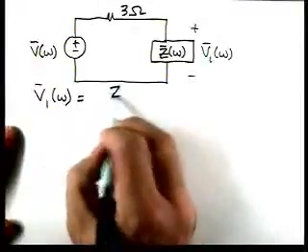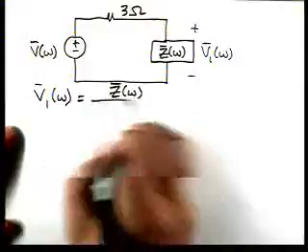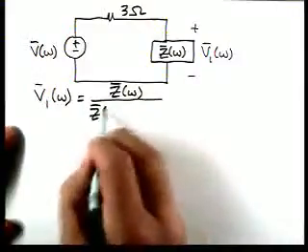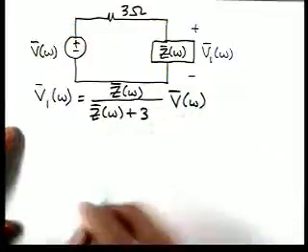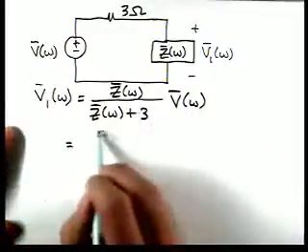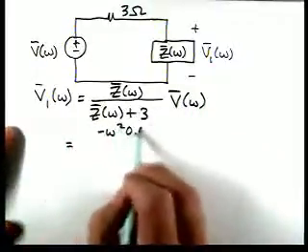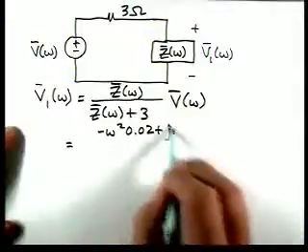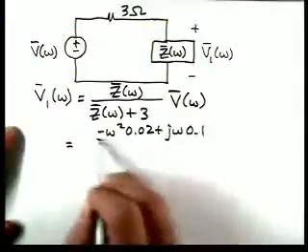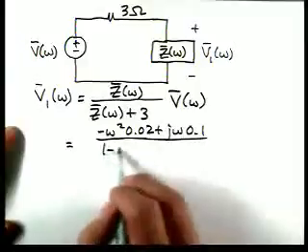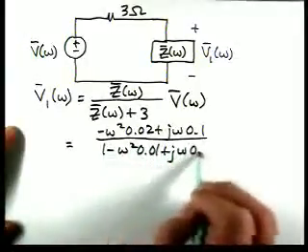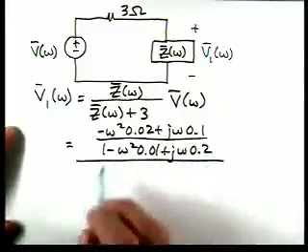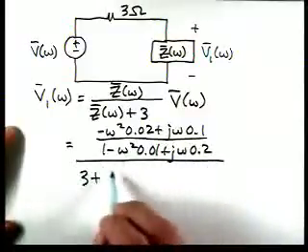So we have Z of omega divided by Z of omega plus 3 times V of omega. So we have minus omega squared 0.02 plus j omega 0.1 over 1 minus omega squared 0.01 plus j omega 0.2, over 3 plus that same quantity.